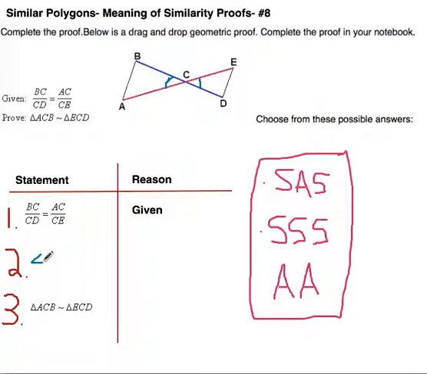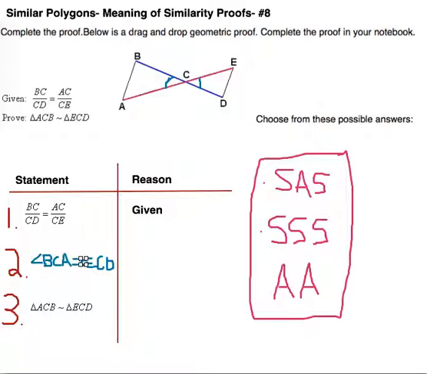So we can say that angle BCA is equal to angle ECD. Sorry, I kind of butchered that angle symbol.